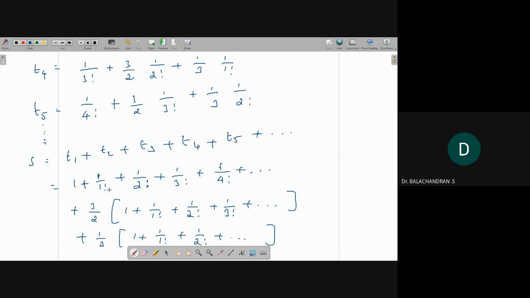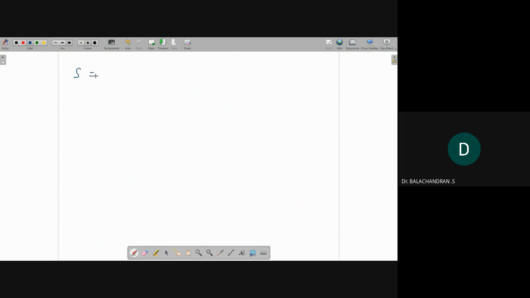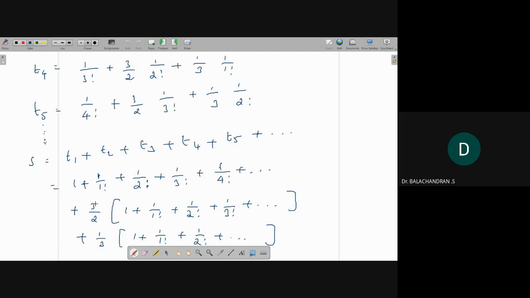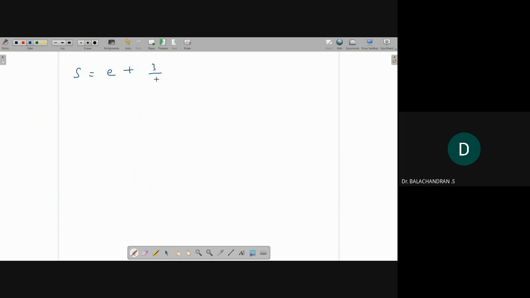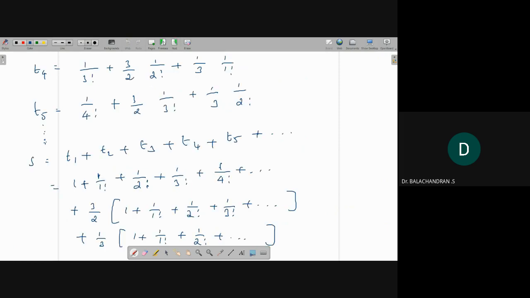So this is what? 1 plus 1 by 1 factorial and so on is E. S is equal to E plus 3 by 2 times E plus how many times E? 1 by 3 times.